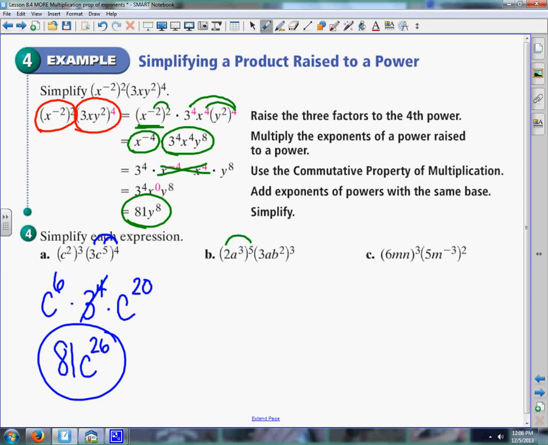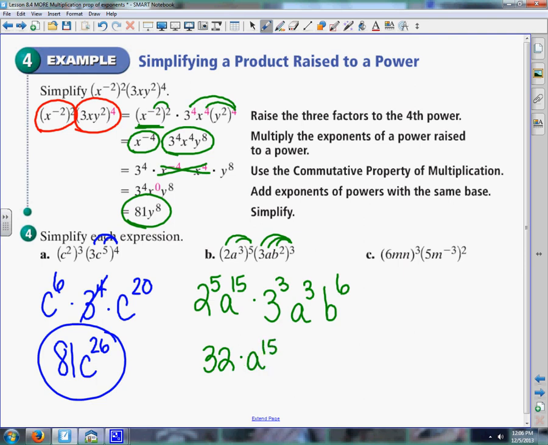Okay, so I'm going to distribute. So I'm going to have 2 to the 5th, a to the 15th, times 3 to the 3rd, a to the 3rd, b to the 6th, because I multiplied those together. So now, 2 to the 5th is 32 times a to the 15th. 3 to the 3rd is 27.